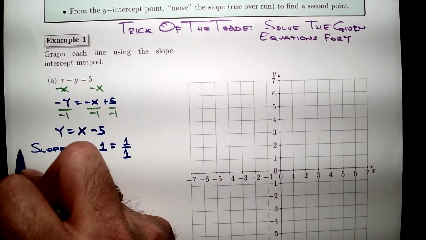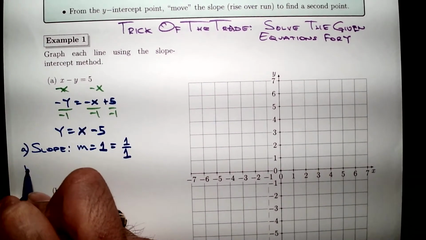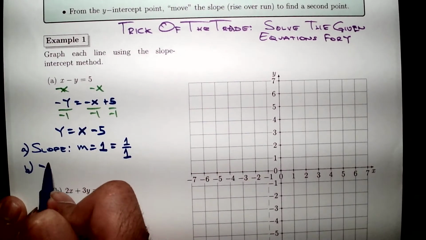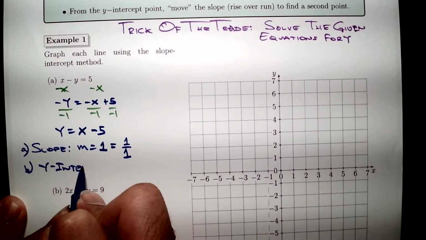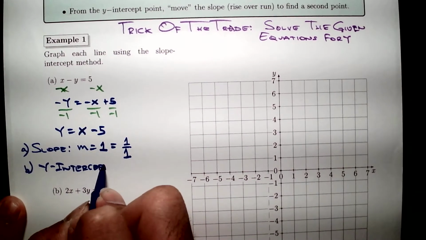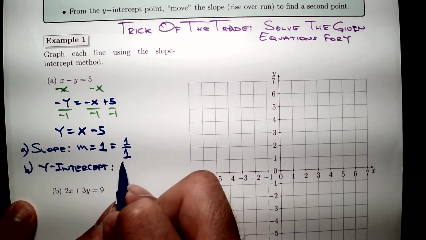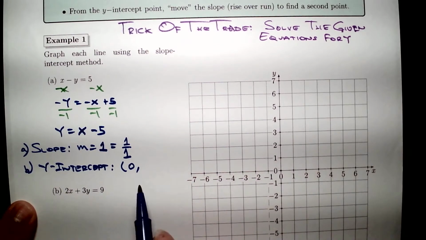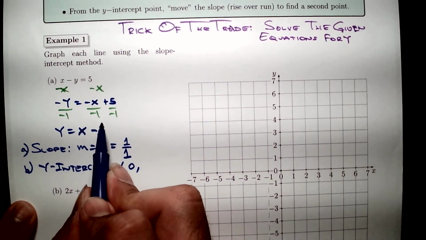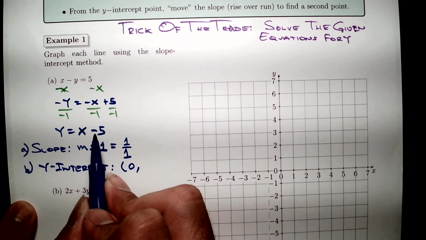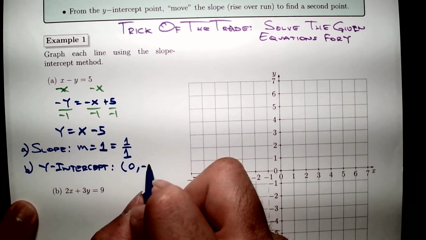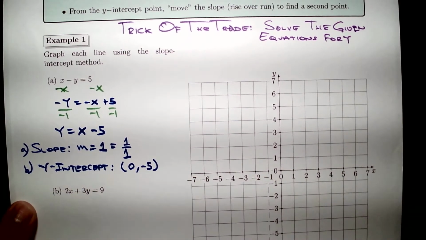Now the y-intercept is 0, comma, the number that lies without any x or y attached, in this case negative 5.